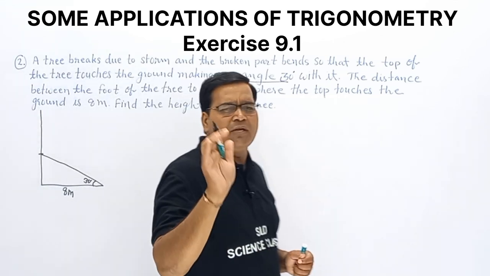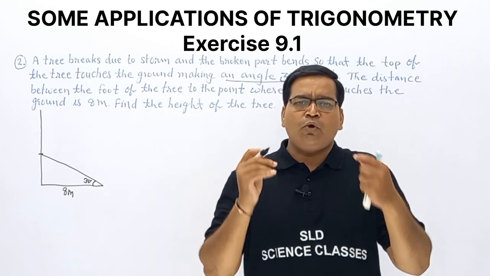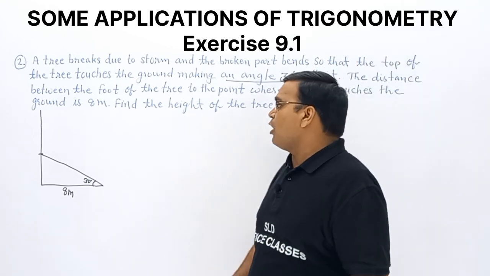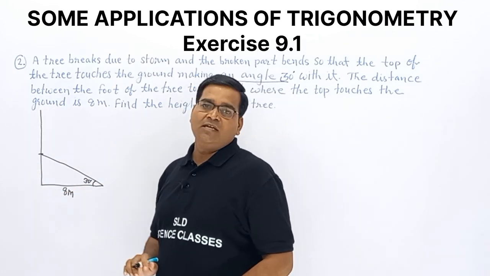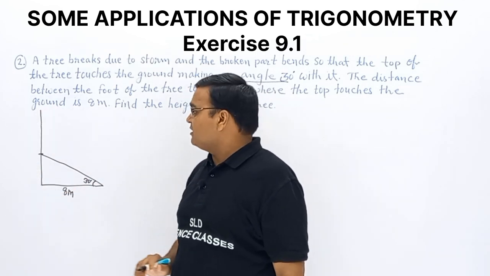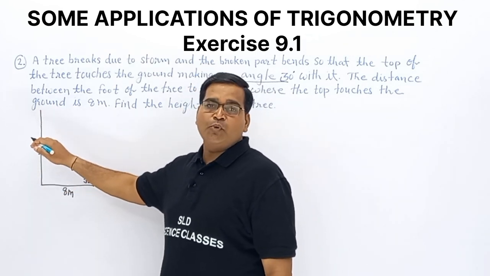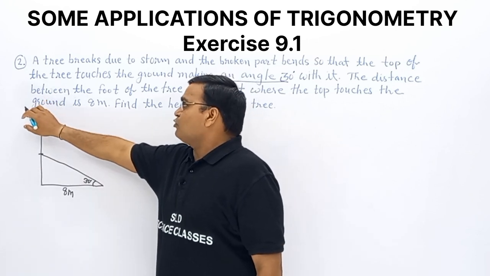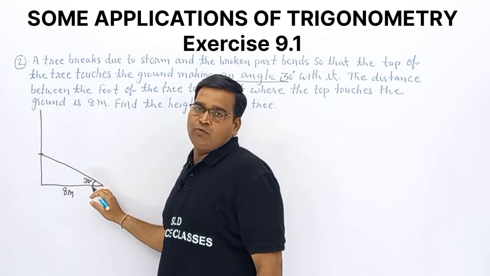Observe what we have. We have one tree, and the storm is going on. Due to the storm, the tree is broken, and after breaking, its top touches the ground.